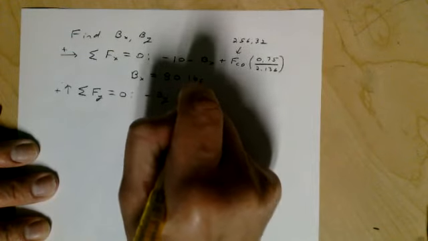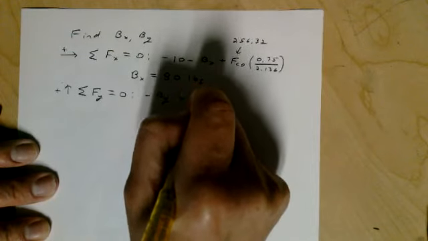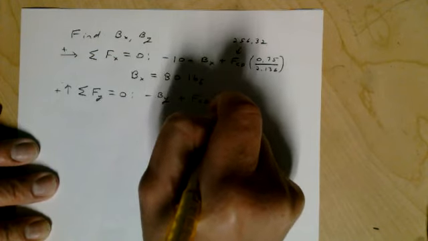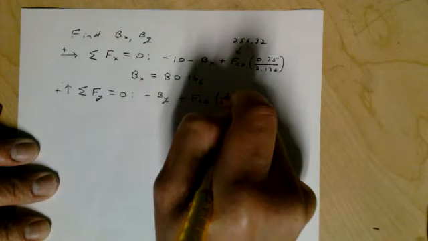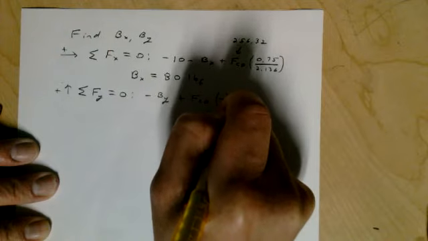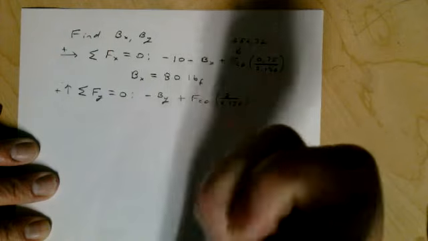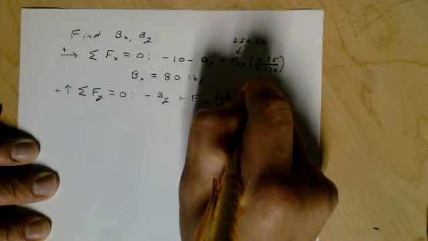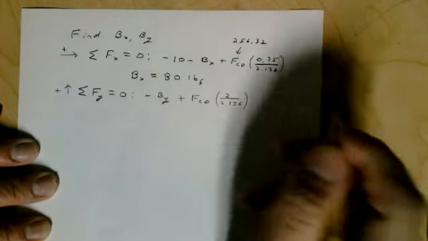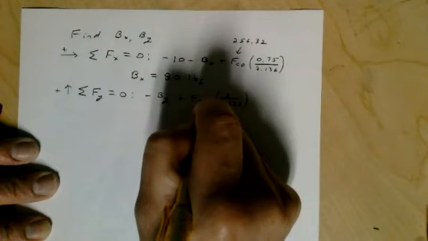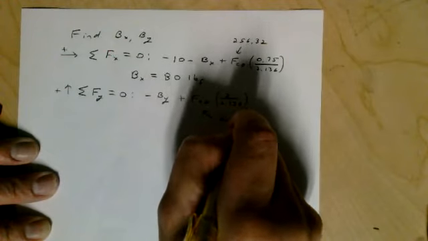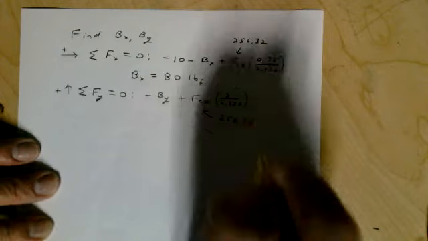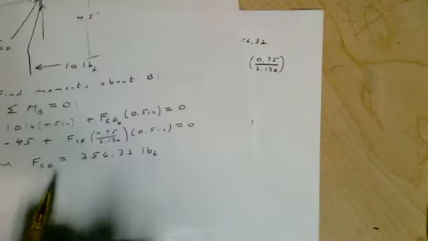That's going to be your FCD times 2 over 2.136. And once again, we already know that this is 256.32 because we found that a few minutes ago.